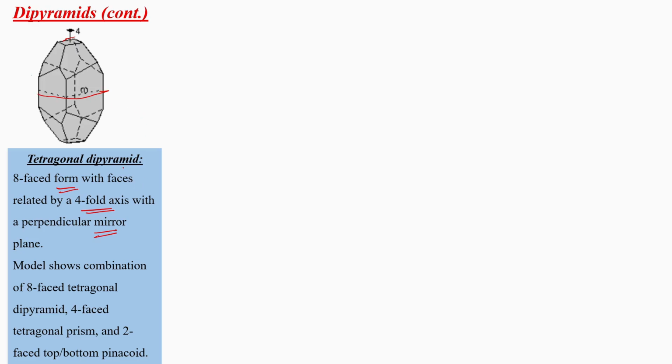Okay, so these two are the major distinctions to count. So if it is 8 similar faces where the four-fold symmetry has a perpendicular mirror plane, then we can say it is a tetragonal tripyramidal. To define a tripyramidal, we must relate that particular set of similar faces with the four-fold axis and a perpendicular mirror plane.